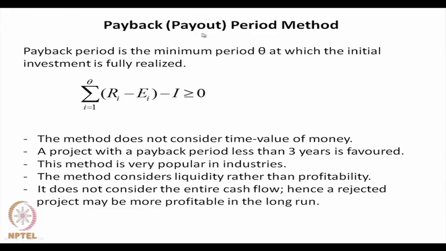Now, the payback or payout period method is basically finding out a time period theta by which the initial investment is fully realized. That means, if I have invested 10,000 rupees, in the first year I may be getting back 4,000, in the second year 3,000, in the third year 4,000.